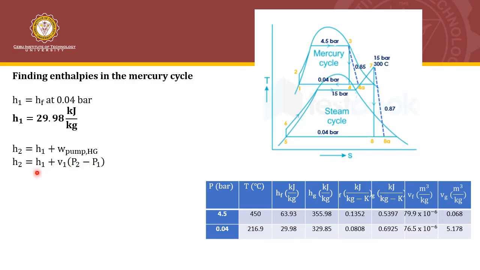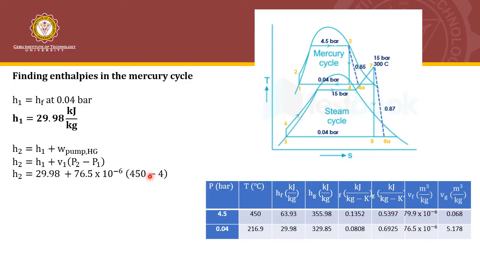So H1 is 29.98 and the specific volume at point 1 is the Vf at 0.04, which is 76.5 times 10 to the negative 6 based on the table, and we multiply it with the pressure difference across the pump. We convert the bar to kPa so that the result will be kilojoules per kilogram.